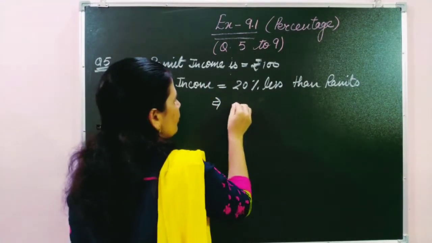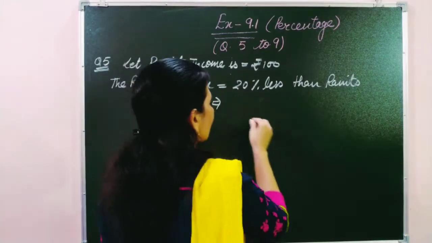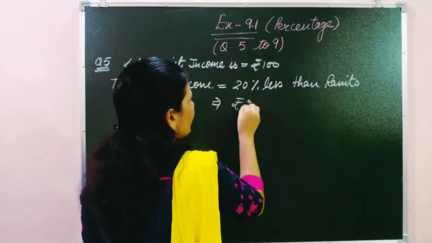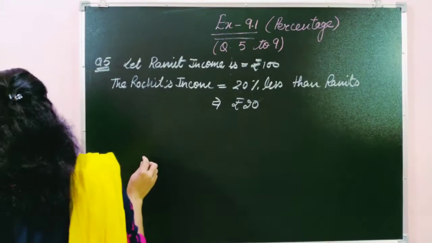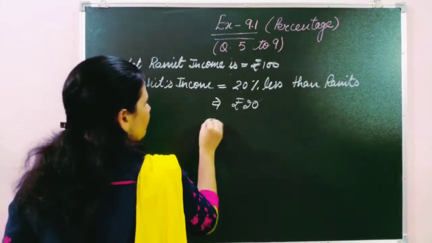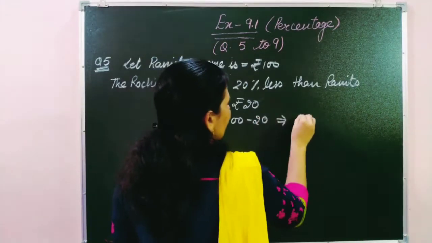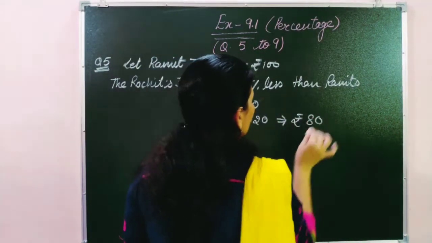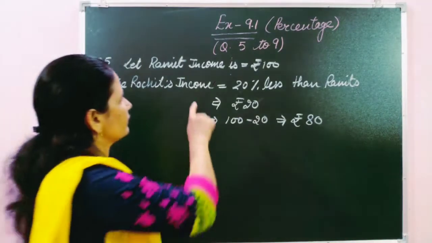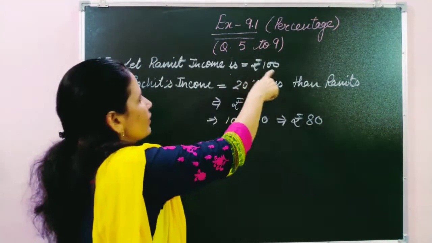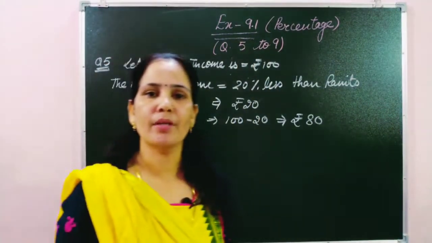So let's first find the 20% of 100, that is rupees 20. And then we write Rachit's income: 100 minus 20, that is rupees 80. So here Ramit's income is 100 and Rachit's income is 80.